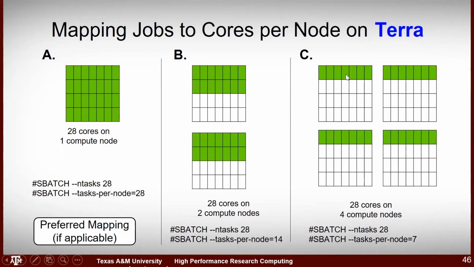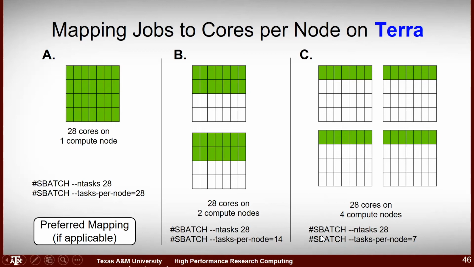That's case B, or even among 4 nodes, that's case C. Why would you do this? Maybe you need other resources besides just cores. Maybe you need cores and memory, and you want to make sure that all of your cores have access to enough memory, so you want them on different nodes. That would be a use case for this.